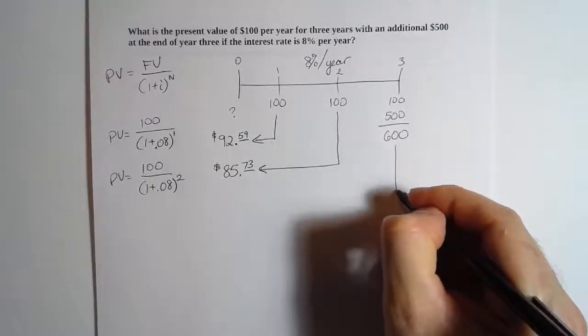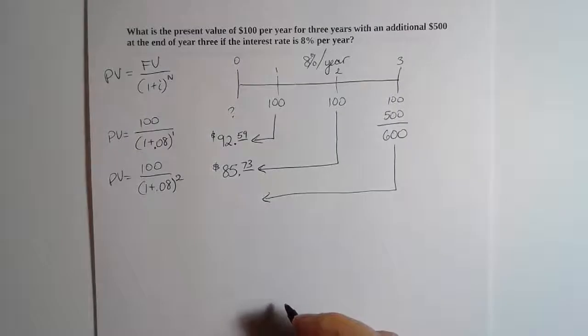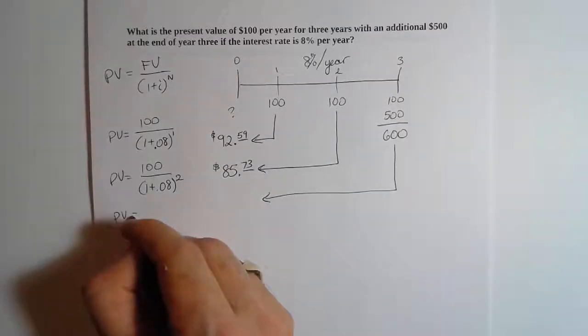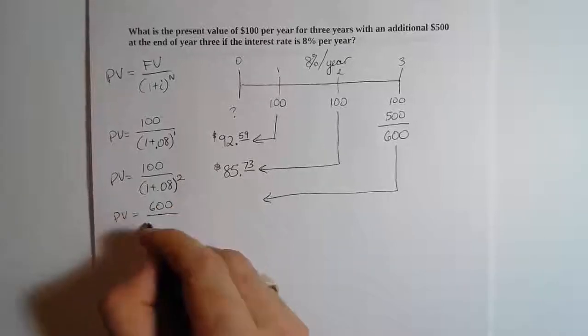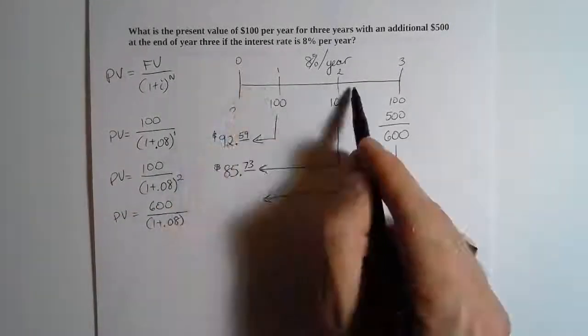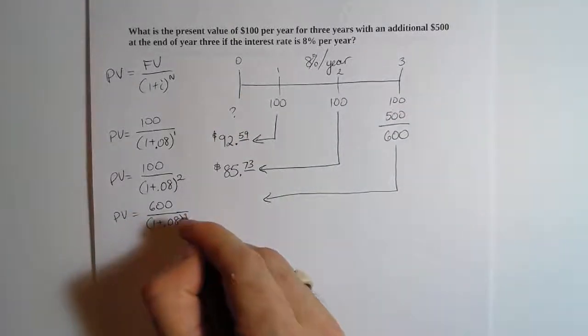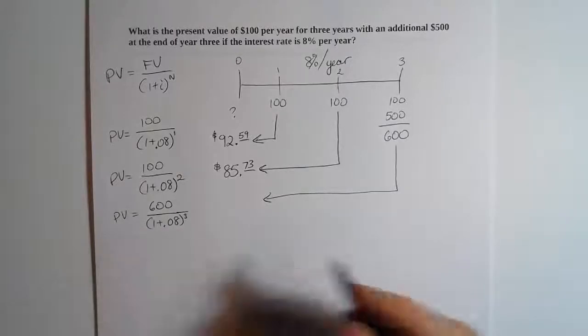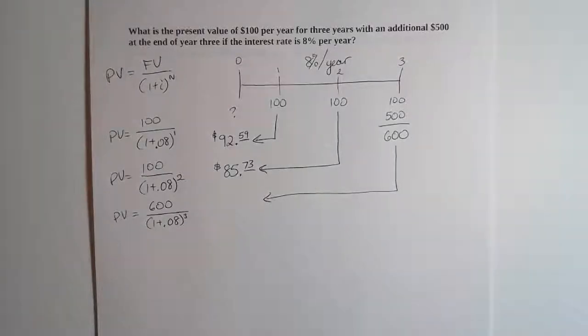To find the present value of that, we can do it in one calculation. So we would have $600 over 1 plus 0.08 raised to the third power, because I have 3 periods here. I'm going to pause and let you try that out for a moment.